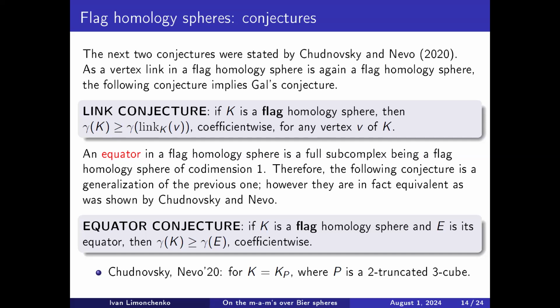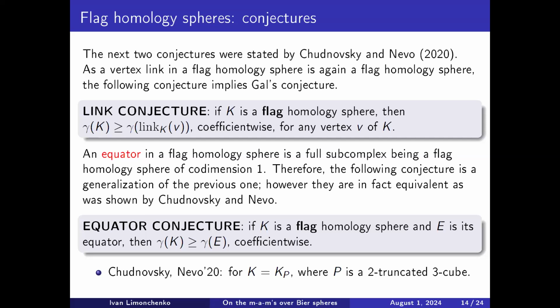And they generalized it in the same paper for equators in flag homology spheres. An equator is a full subcomplex that is a flag homology sphere of codimension 1. This is called an equator, like an equator on the globe. And the following conjecture directly generalizes this, so you can replace the link of a vertex by any equator in the flag homology sphere, and you have this coefficient-wise inequality. Well, Chudnovsky and Nevo proved that this holds for any three-dimensional two-truncated cube.